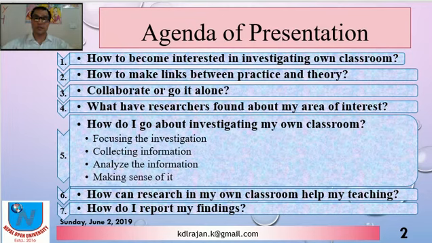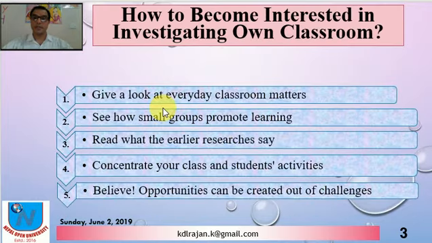Let us first discuss the first agenda item, how to become interested in investigating our classroom. While thinking about investigation or research in our classroom, we should give attention to each and every aspect of the classroom. We should look at our classroom very minutely, and notice how different small groups work in the classroom, before the investigation starts.